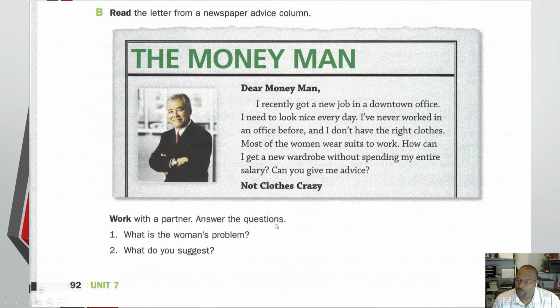So answer the questions. What is the woman's problem? Well, according to the picture and her call for advice from the Money Man, she doesn't have the right clothes. And the right clothes would be a suit. Another problem is, how can she get a new wardrobe without spending her entire salary?